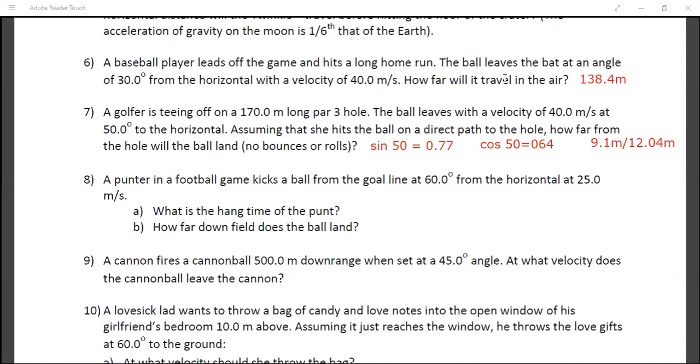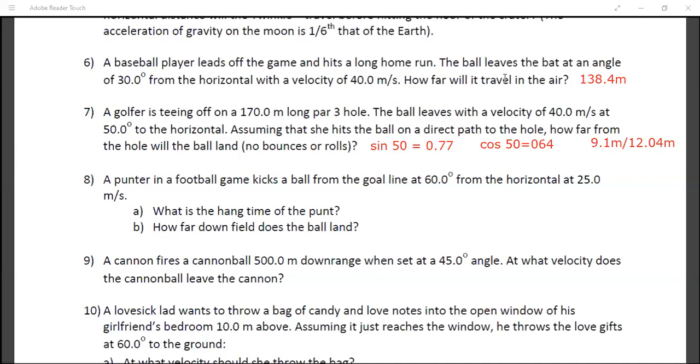Yeah, Rajesh, tell me. We get the time taken to reach the maximum height using the vertical component of the velocity. V is equal to u plus at. So 0 is equal to 25 sine 60 minus 9.8 t.